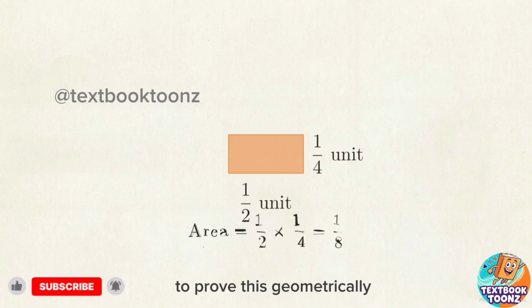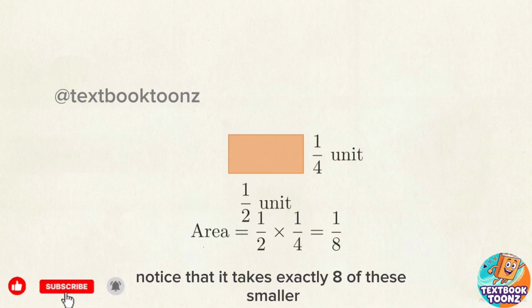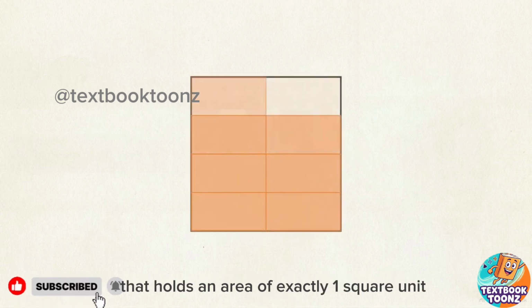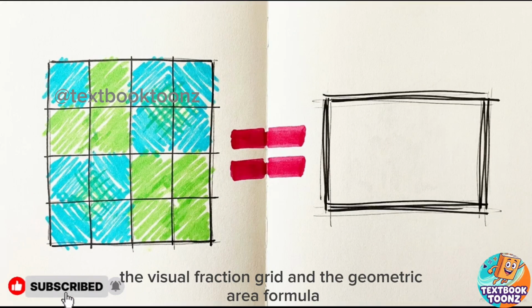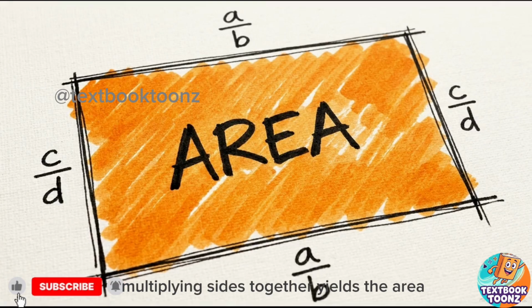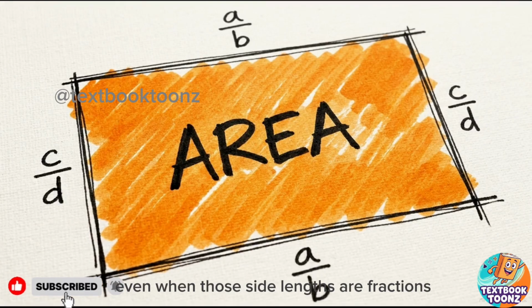To prove this geometrically, notice that it takes exactly 8 of these smaller fractional rectangles to completely fill a square that holds an area of exactly 1 square unit. The visual fraction grid and the geometric area formula describe the same mathematical reality. Multiplying sides together yields the area, even when those side lengths are fractions.